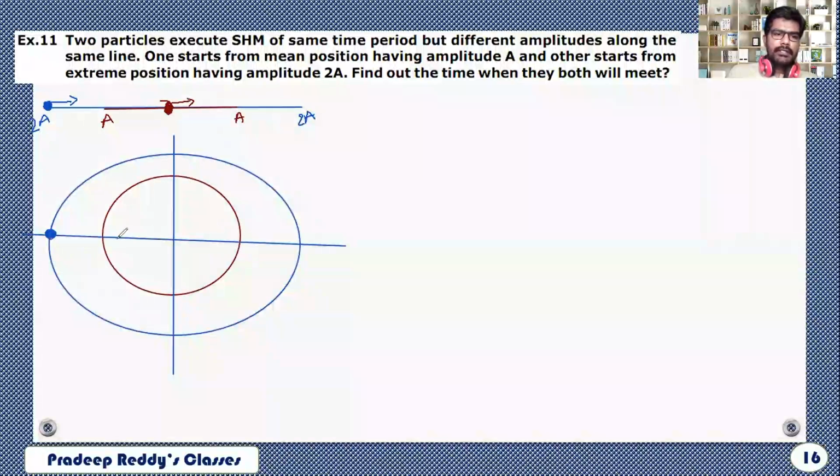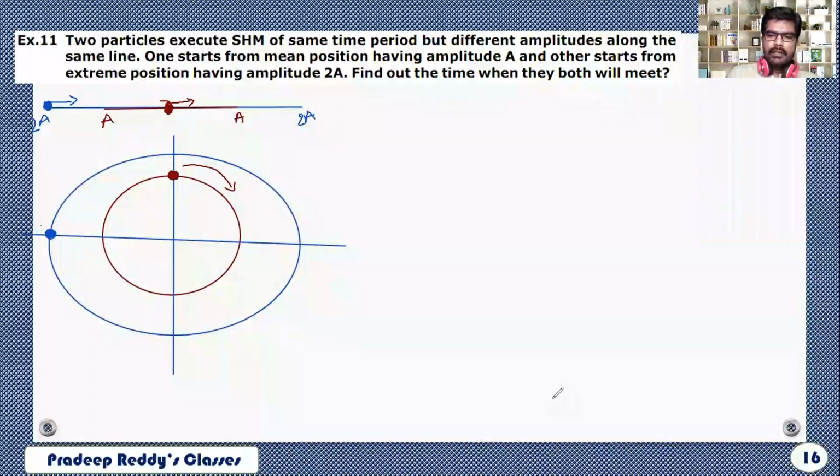We are taking displacement along the x-axis. When the particle is at the mean position and we are taking the x-axis as reference, its x component will be 0. The blue color particle is starting at this position, and this particle is going in this direction.